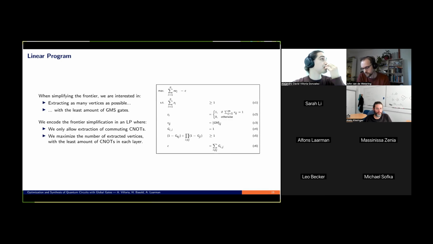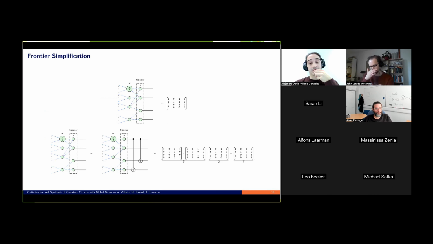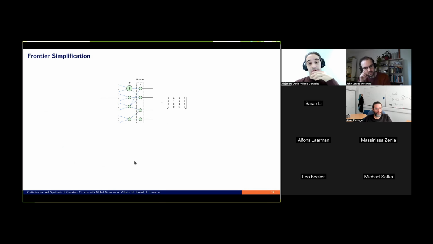Hmm. I think in practice, yes, but you have to take into account that at least what I'm encoding here is just the current frontier. So just, let's say, what we have at this step.